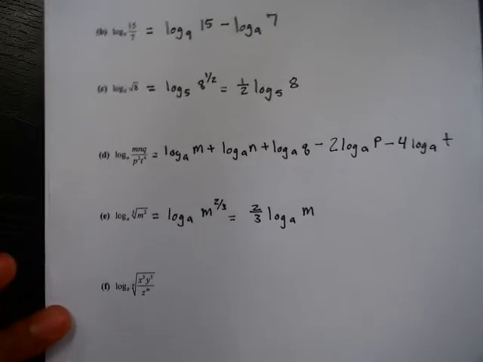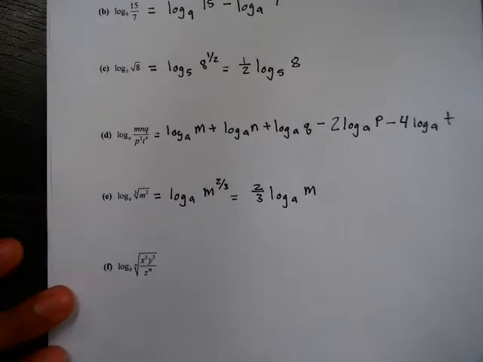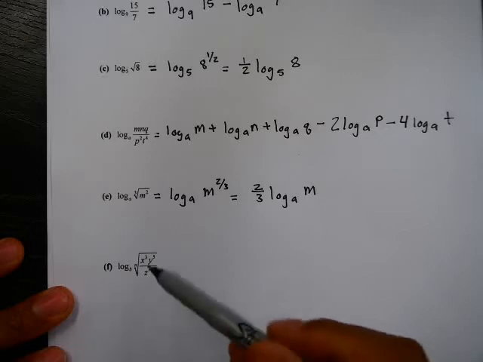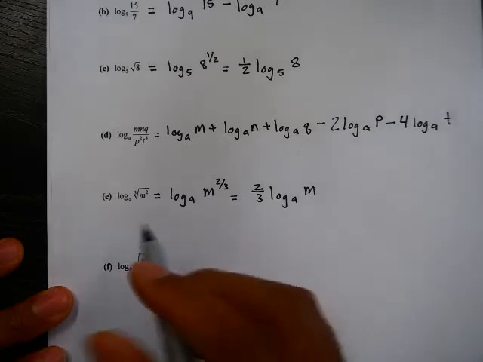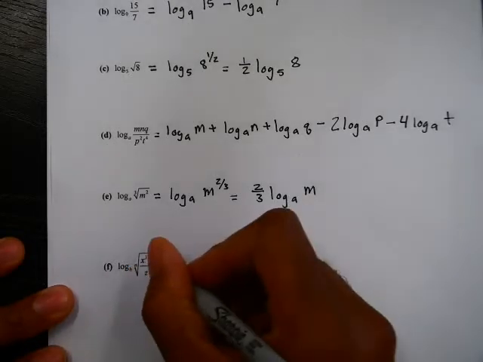F, if we have log base B of the nth root of x to the 3rd power, y to the 5th power, z to the m power. One thing I will do is make this conversion on each one of those terms on the inside of that radical.